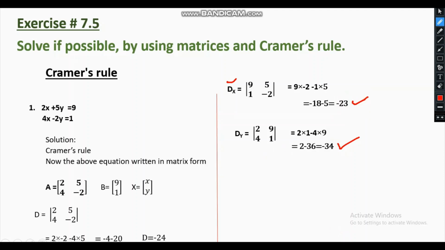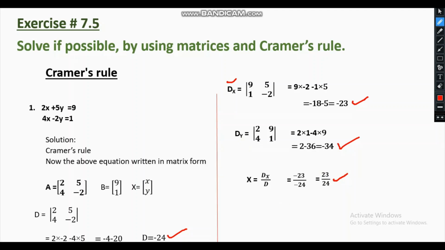Now here is the formula for the value of x: determinant of x divided by determinant D. The determinant of x is minus 23, so minus 23 divided by minus 24, so the value of x is 23 over 24.